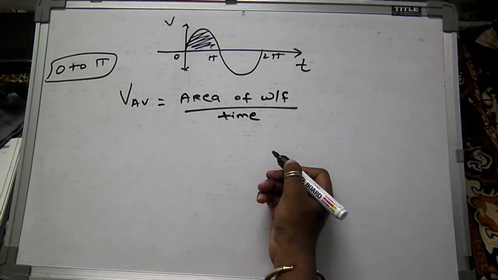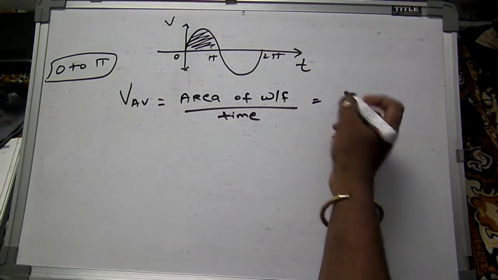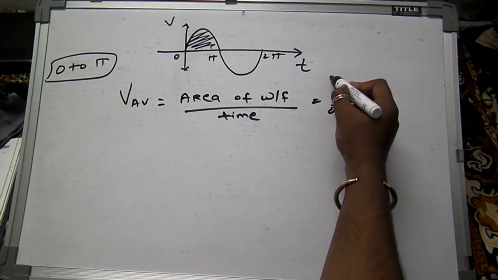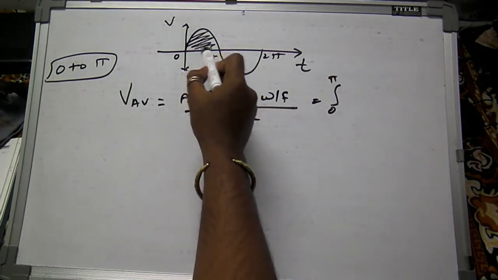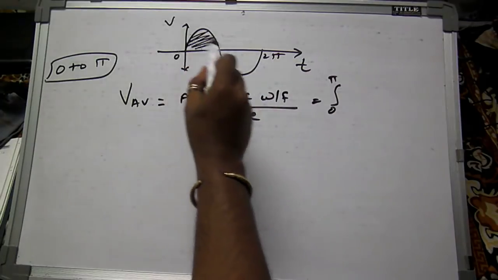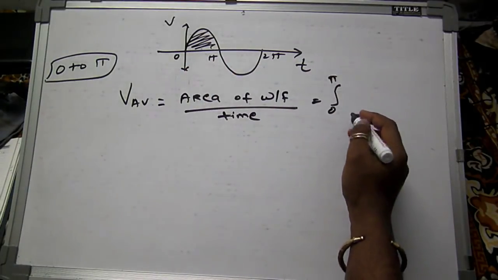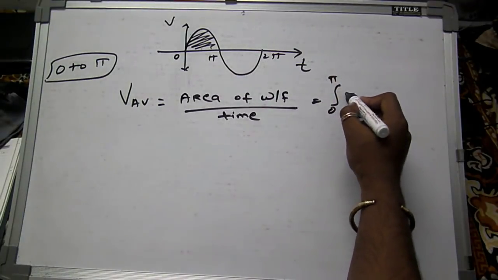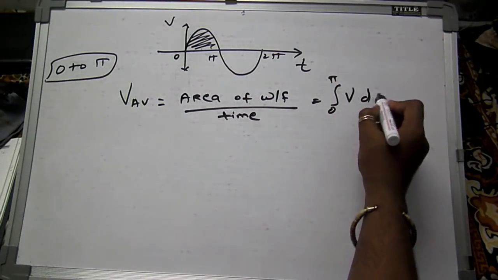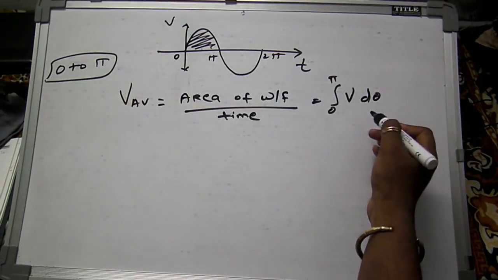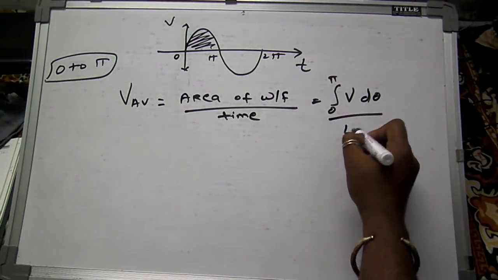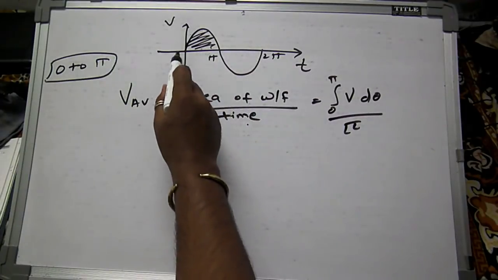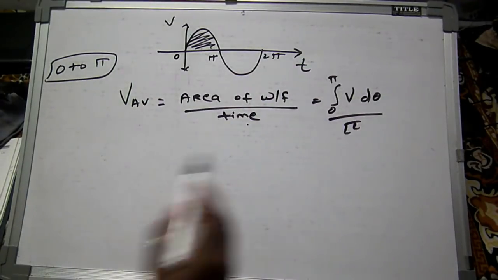That means we are integrating this value from 0 to pi. We are calculating only this part, so 0 to pi. Then integrating, suppose it is a voltage, V d theta upon pi. Pi is the time, so 0 to pi, so we have written pi here.